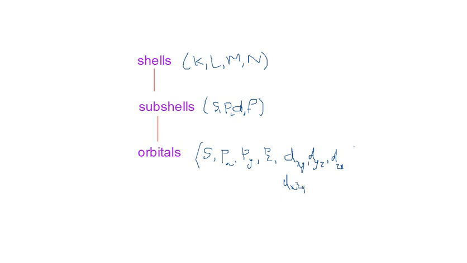So these are the different orbitals. K, L, M, N represent the main shells, and in those main shells we have the subshells S, P, D, F, and in those subshells we have seen the orbitals S, Px, Py, Pz, and so on. So this is about shells, subshells and orbitals. Thank you.